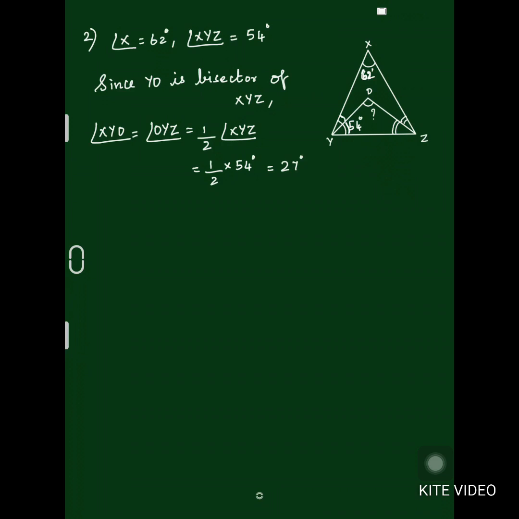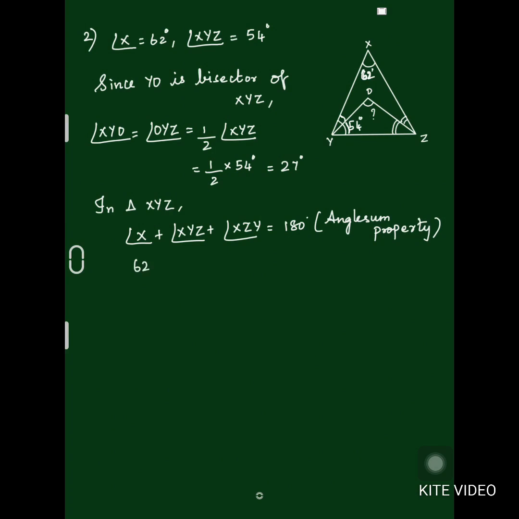Now in triangle XYZ we know angle X and angle XYZ. Now we have to find angle XZY. So angle X plus angle XYZ plus angle XZY is equal to 180 degrees. What is the reason? Angle sum property. In a triangle, if you add all three angles, you always get 180 degrees.